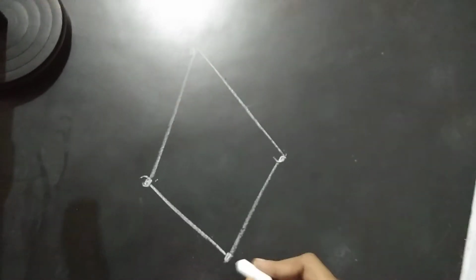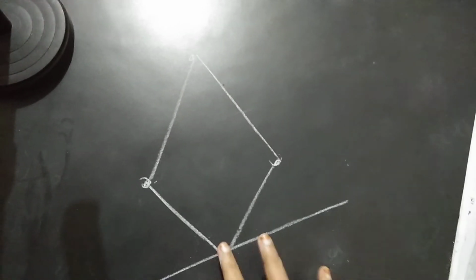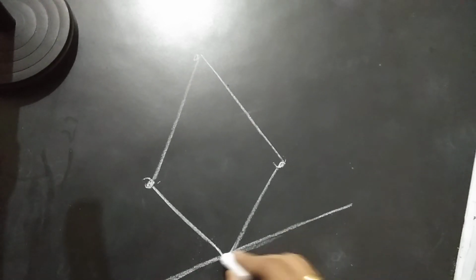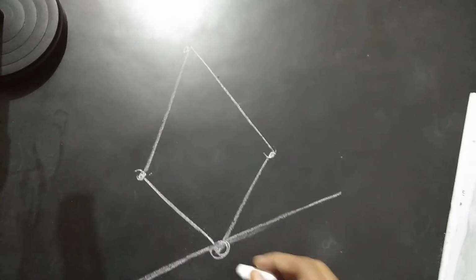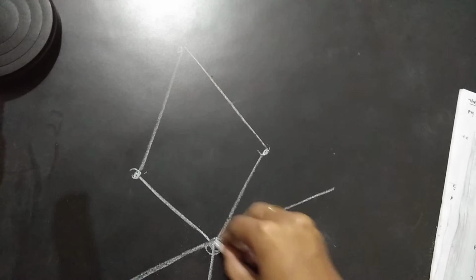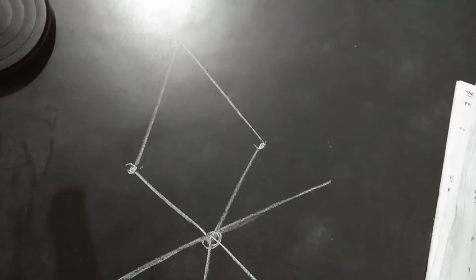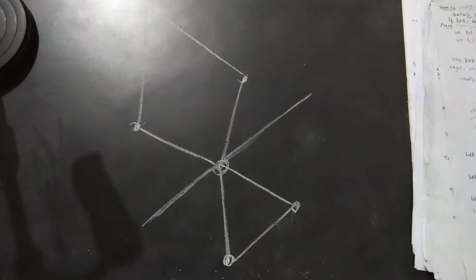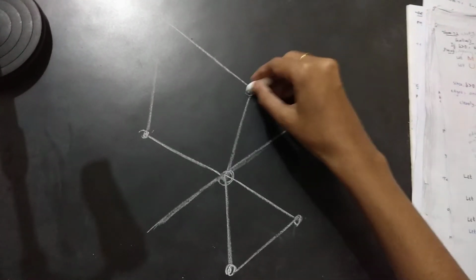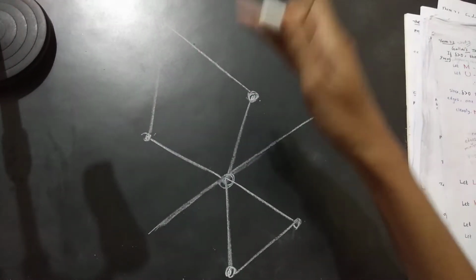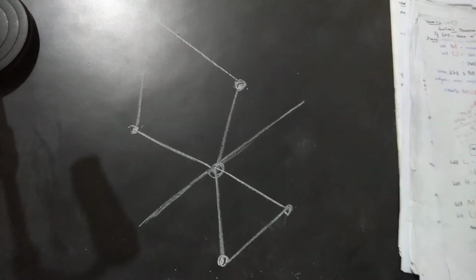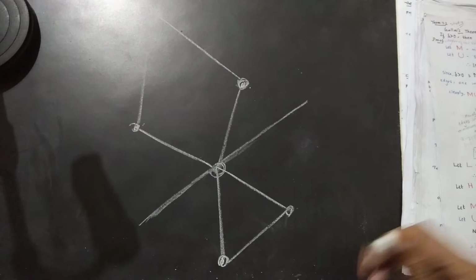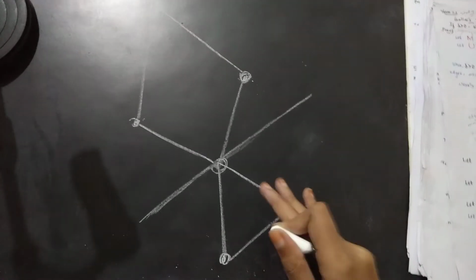This line is passing through this edge, and from this vertex, have a graph like this. This graph is the hero of this proof, I can say, because each and every step depends on this graph.